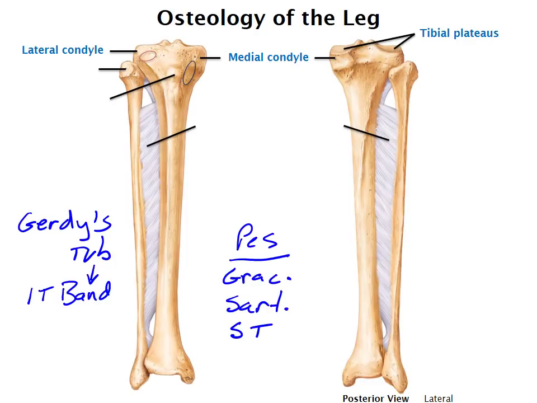Anteriorly, what structure is this? I think I hit that a little too quick, but yes, that's the tibial tuberosity. What about this structure? What attaches to the head of the fibula?